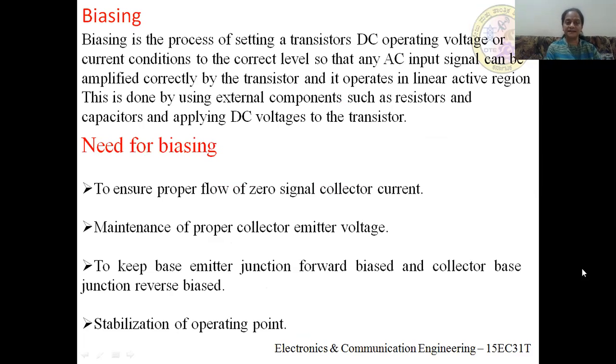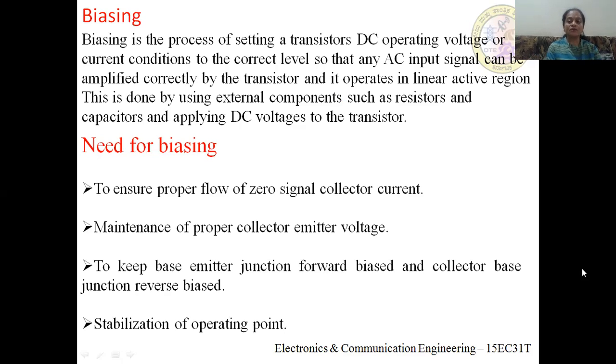Next comes biasing. Always, when we talk about a transistor, biasing is one of the most important topics. So what is biasing? Basically, biasing is the process of setting the transistor's DC operating voltage or current condition to the correct level.